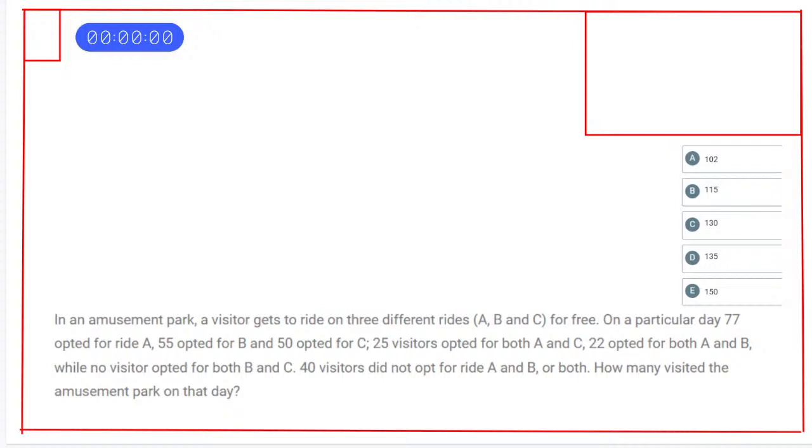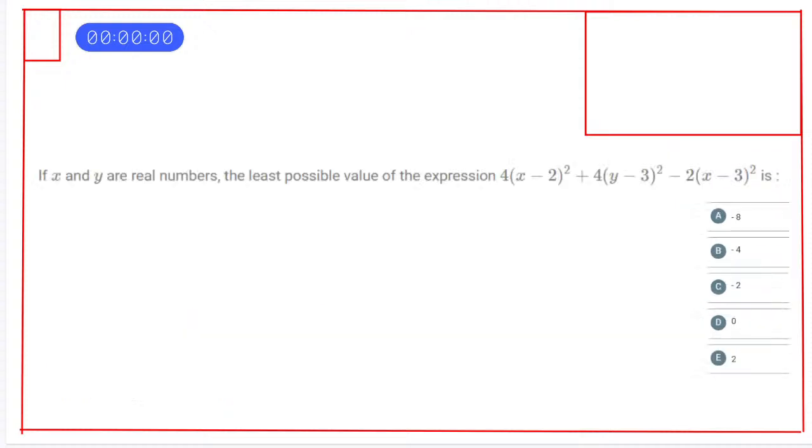Okay, 150 is the correct answer. I guess you are the only one there, so I will just move on to the next question. If there is any doubt, other students.